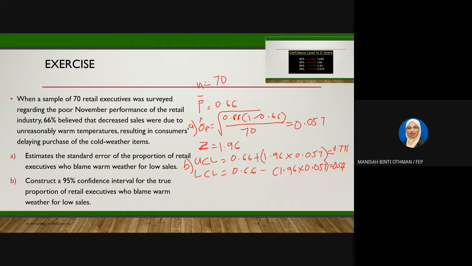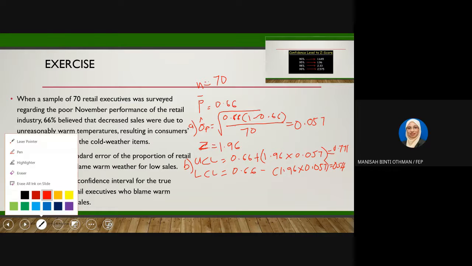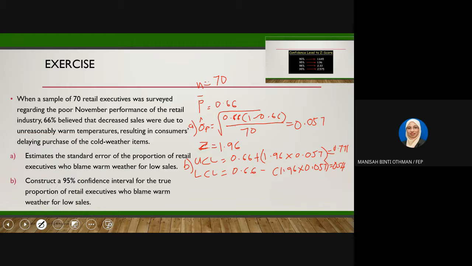Doctor, I have a question. Can you briefly explain how you got that 0.057? Am I calculating wrong?